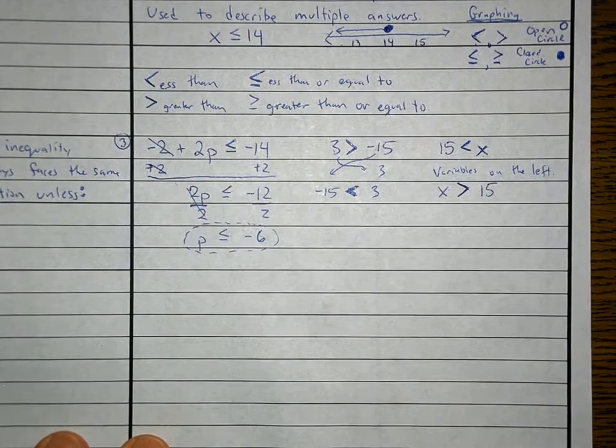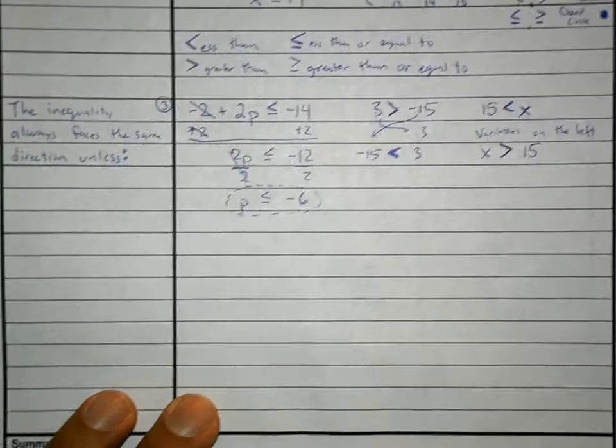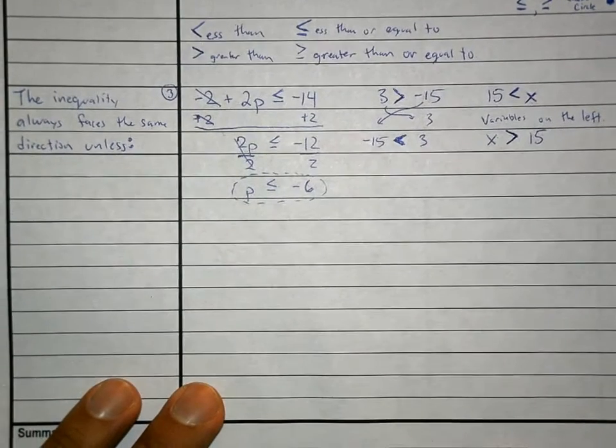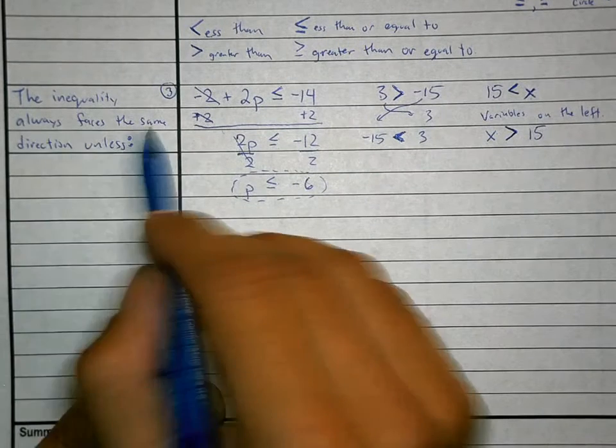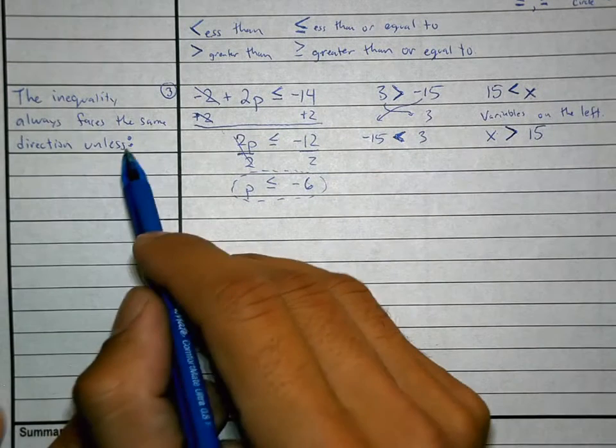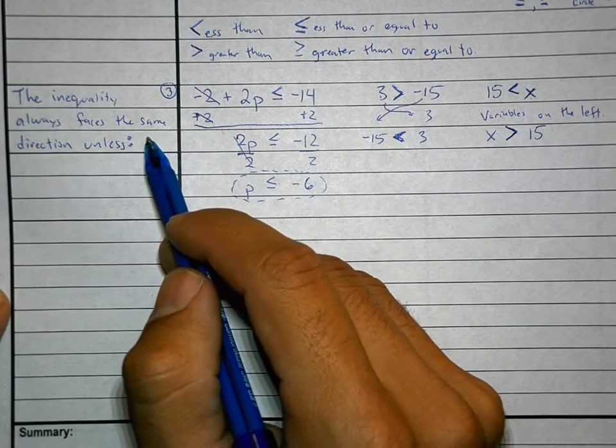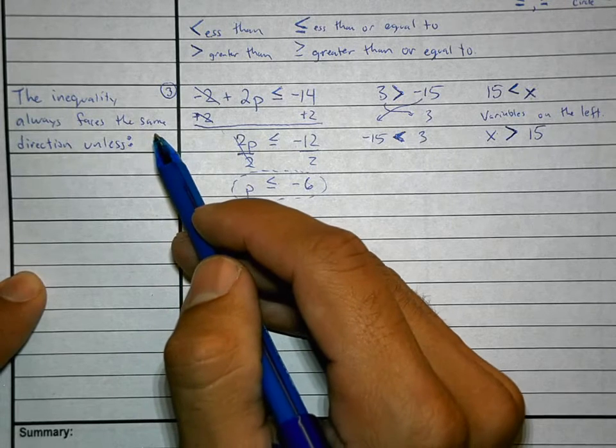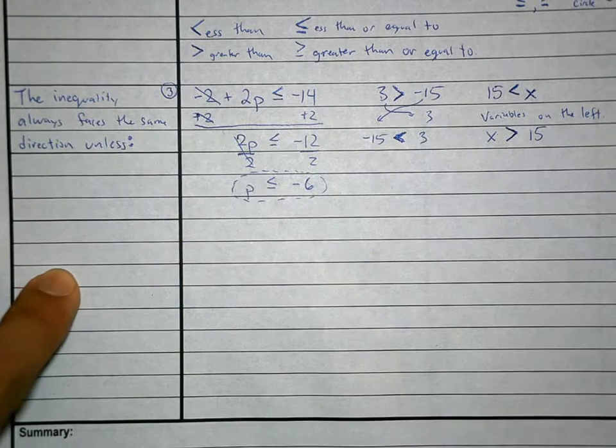So, stipulation number 1. The inequality always faces the same direction unless we're moving the variable to the opposite side, unless we're flipping the variable around.